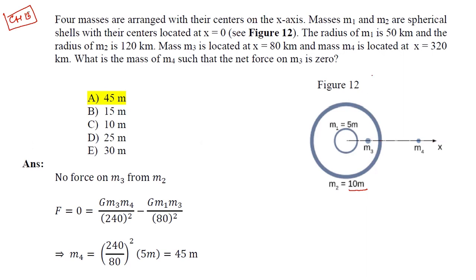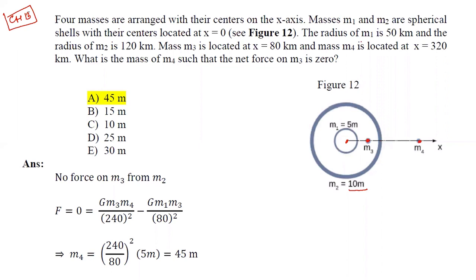Then I have M3, which is outside the first sphere but inside the second sphere. And then I have M4, which is outside both of them. All of them are aligned. The center of the 2 shells is aligned with these 2 particles, M3 and M4, and they are on the x-axis. And here I show you the distance.